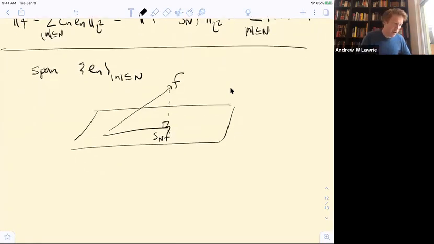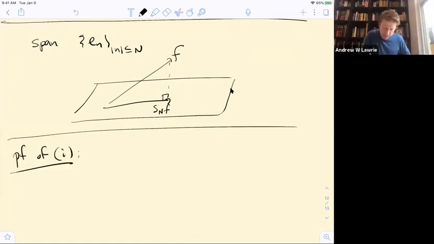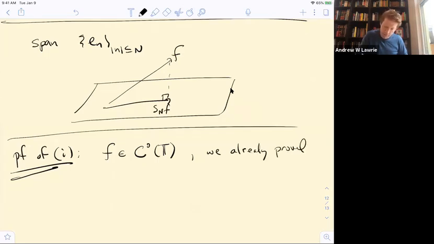Okay, so let's complete the proof of the L2 convergence, to complete the proof of the theorem, and this is a little cheap. So say f is a continuous function. We already proved there exists a trig polynomial that's arbitrarily close pointwise to f.